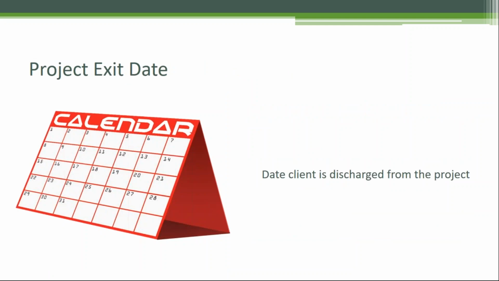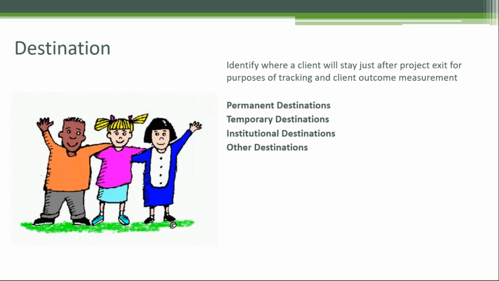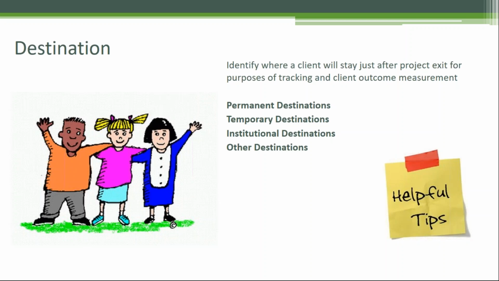Project exit date is the date that the client is discharged from the project. And then destination. We use destination to identify where a client will stay just after project exit for purposes of tracking and client outcome measurement. There are 4 types of destination categories: permanent destinations, temporary destinations, institutional destinations, and kind of a lump category of other destinations.